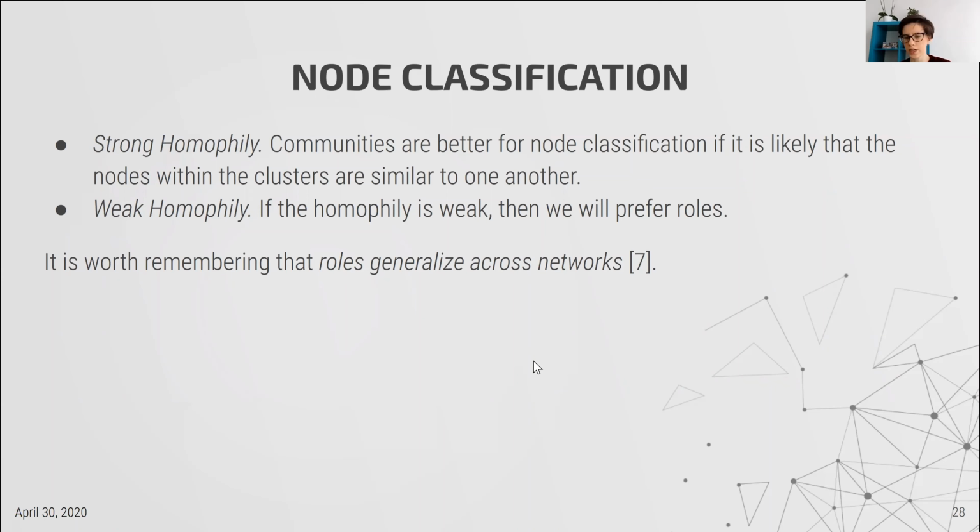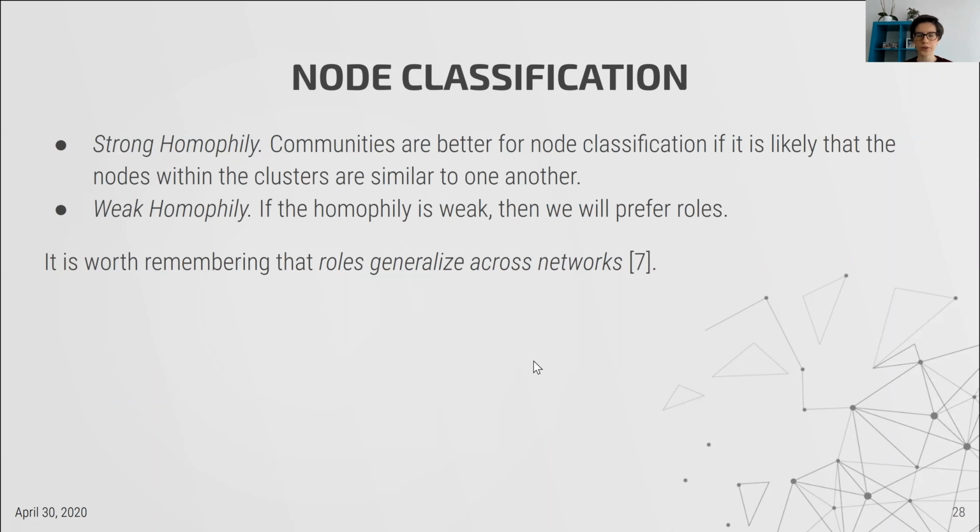If the answer is yes, then it's better to go for community detection to solve this problem. But if the answer is no, which means that in the same class there are nodes that might not share the same attributes, it's more likely that you will get better results with roles.